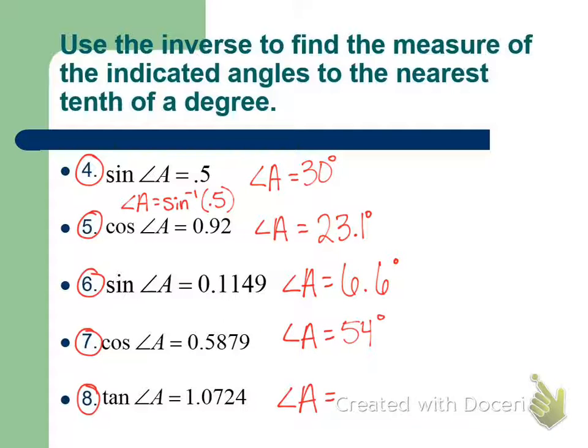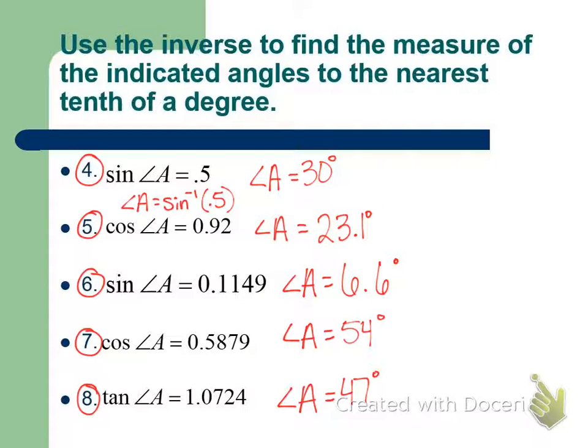All right, last one. What's going in the calculator? Inverse tangent of 1.0724. And that one rounds to 47 degrees. Okay, so problems like that are just straight calculator problems.